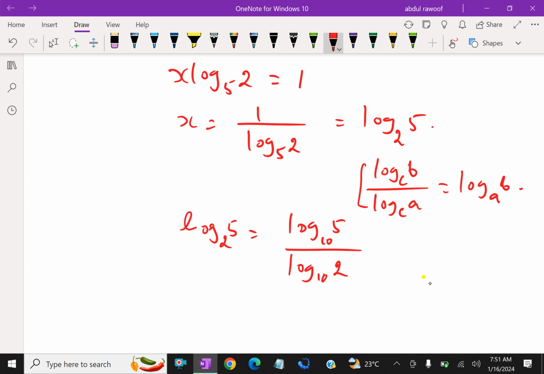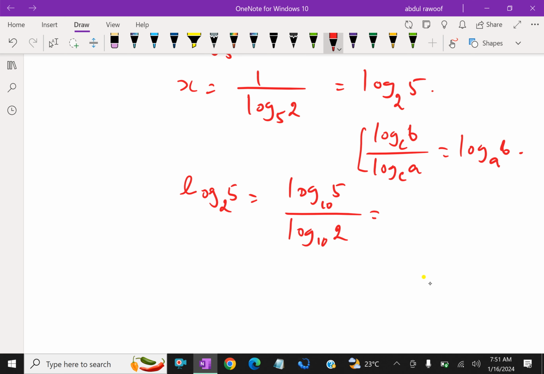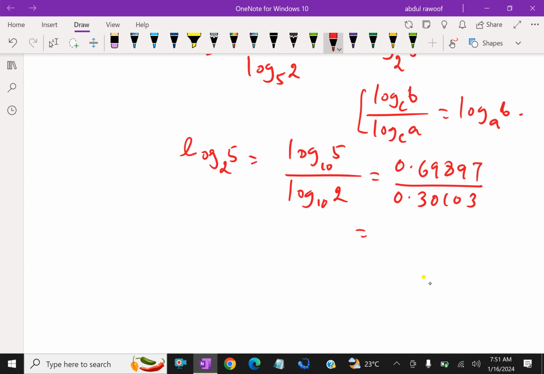By using a calculator, log 5 base 10 is approximately 0.69897 over log 2, which is 0.30103, approximately equal to 2.322.